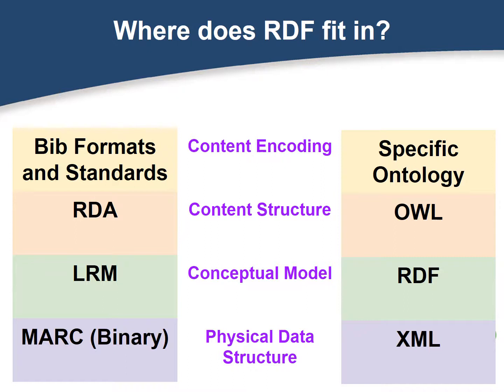To try to relate it more to the library world, you have a physical data structure, that's XML. RDF is expressed in XML. In the MARC record, we are not talking MARC XML. I very specifically mean MARC binary, because those numbers are not part of the MARC format. You can express anything in MARC.